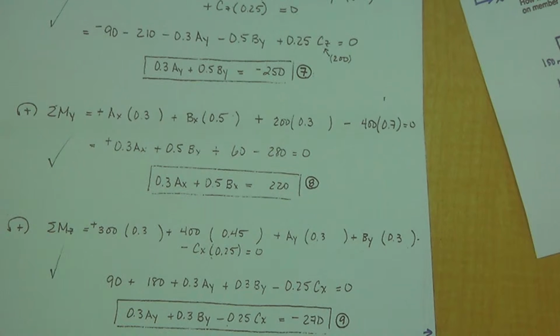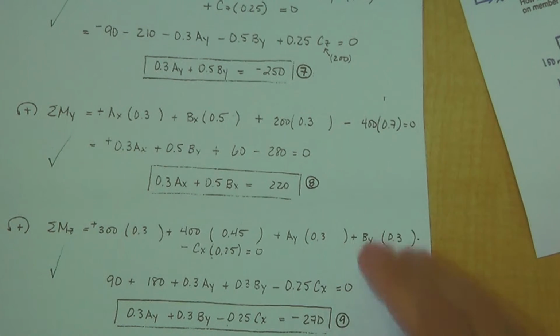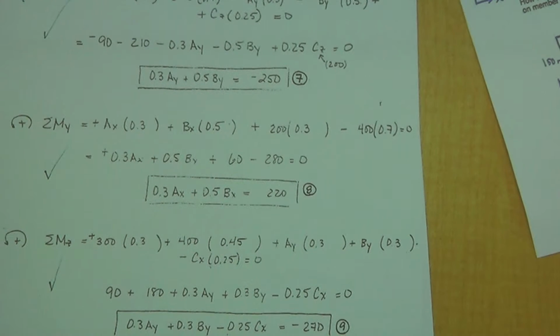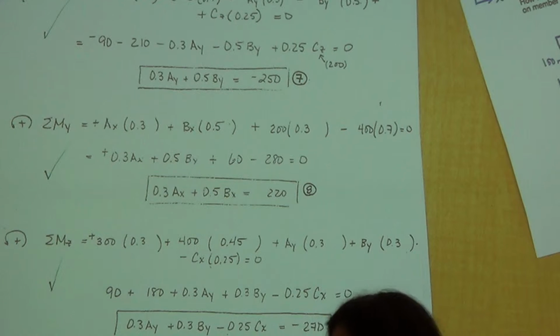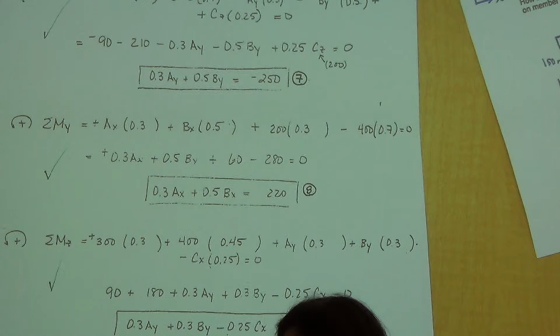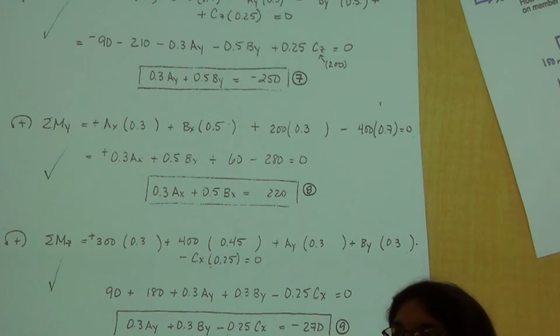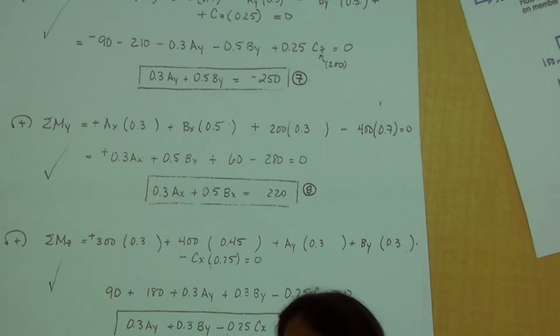Jabin? I noticed you have already declared that it's positive moment for each of those. Is that just a symbol determining the moment? You don't need to do this anymore because, let's see. On a free body diagram, you show me where the positive X and Y axis is, right?